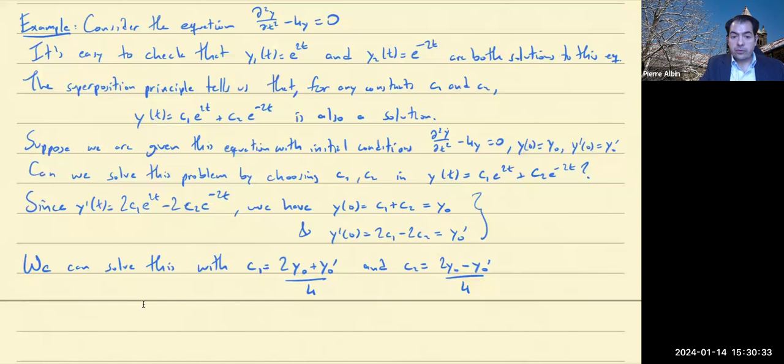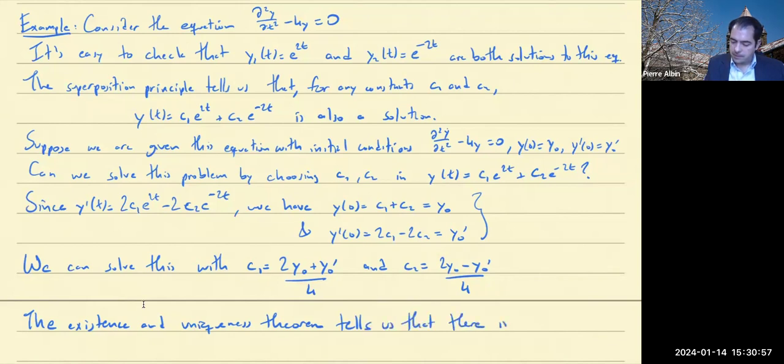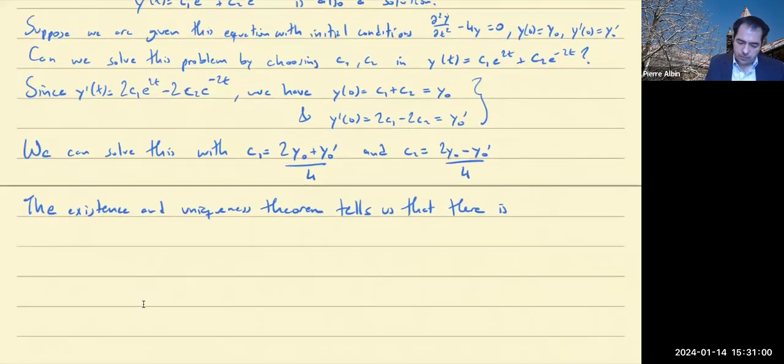So the existence and uniqueness theorem tells us that there is exactly one solution to this initial value problem.